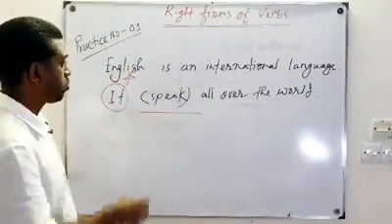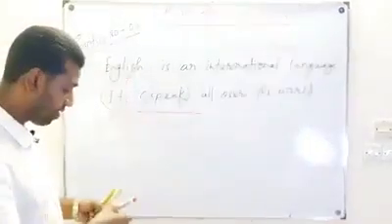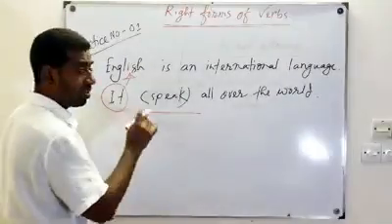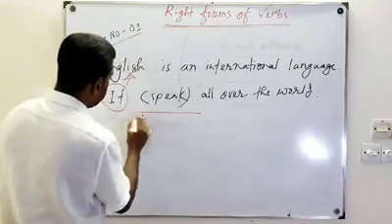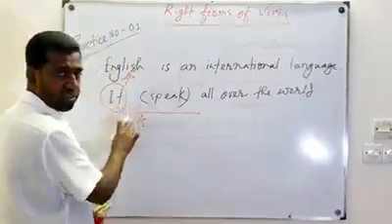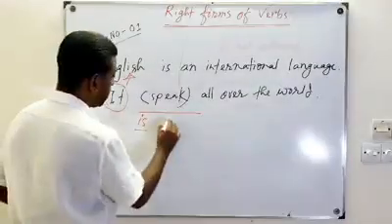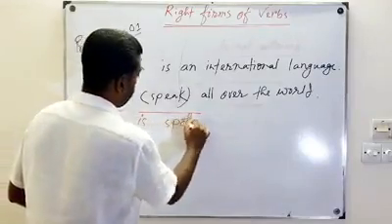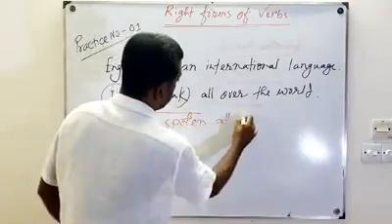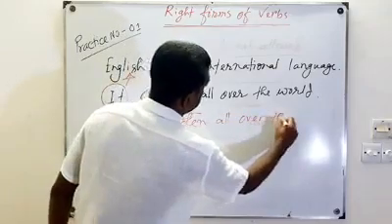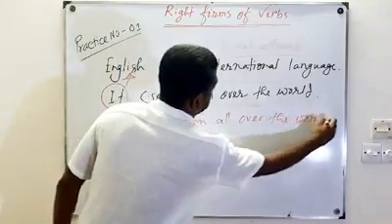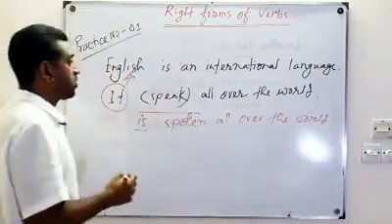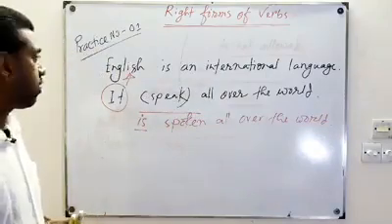So you have to bring an auxiliary verb here. It is third person singular: am, is, are. It is spoken, right? All over the world. It is spoken all over the world.